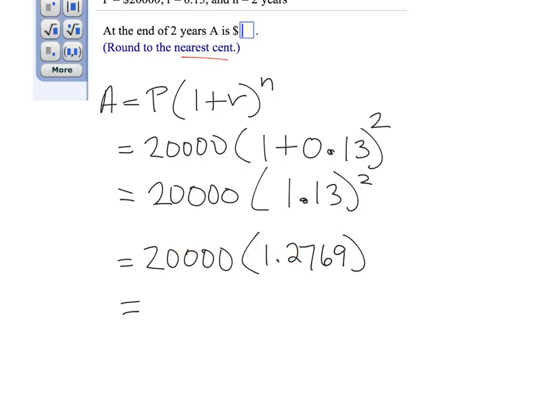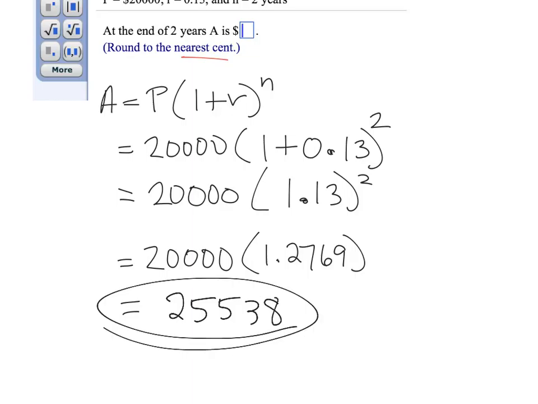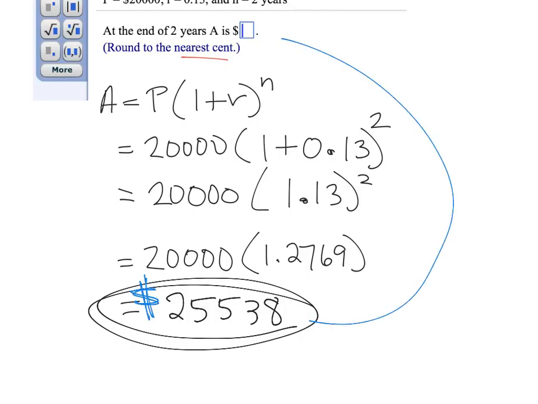So times 20,000, and I get 25538 exactly. And that is technically in dollars, but you don't need to put the dollar sign because they already have the dollar sign. So all you have to do is type in the answer, the numerical stuff.